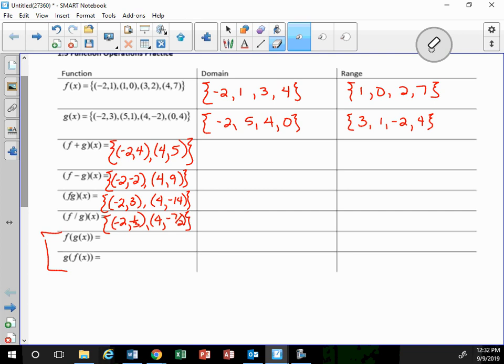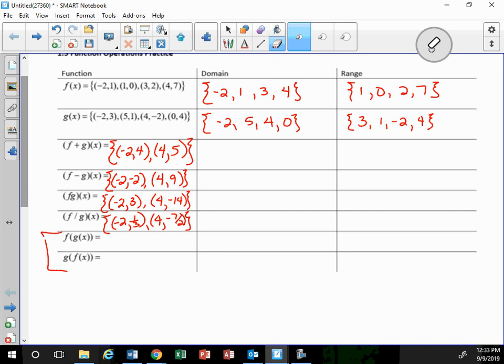G of f of x is going to go the other way. Let's try again. So where am I starting this time? The f of x. Okay, -2 gives me 1. Does 1 give me anything? Okay, but that's the output already. So is there an x value that's 1?